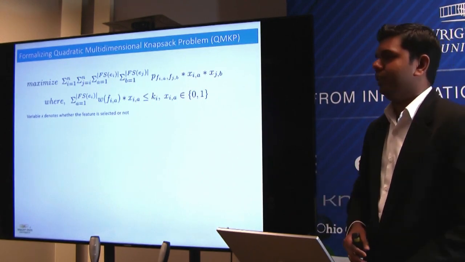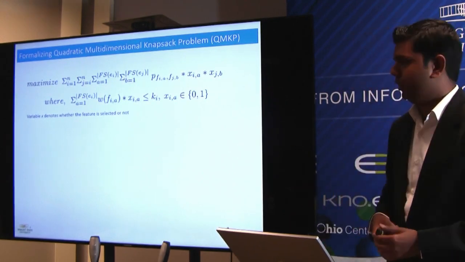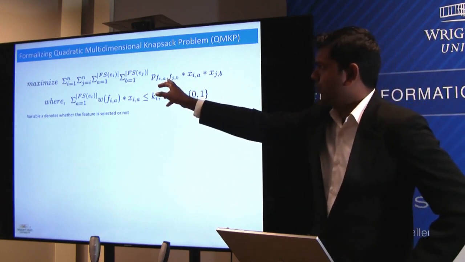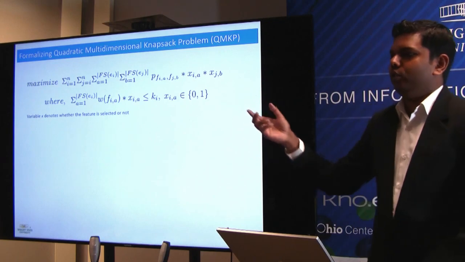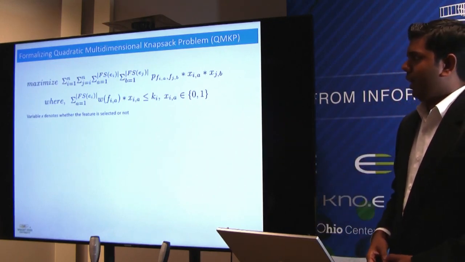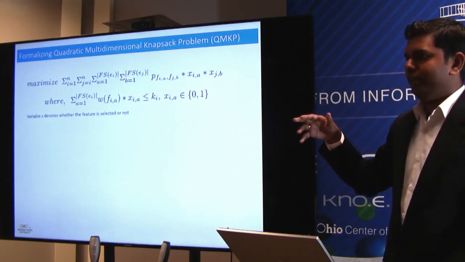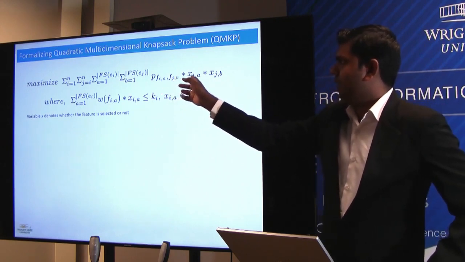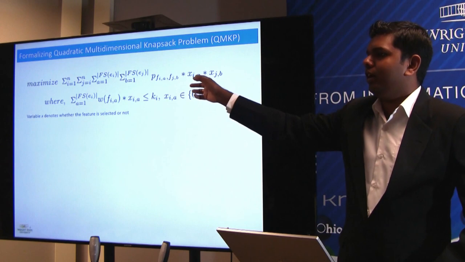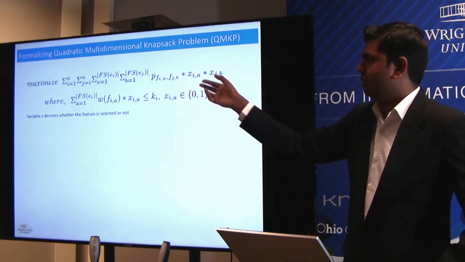The base version of it is the quadratic knapsack problem. It is quadratic because the profit here is always computed using a pair of features or a pair of items. And this is how we formalize it. If feature 1 is selected, this x_i will be 1, or otherwise 0.